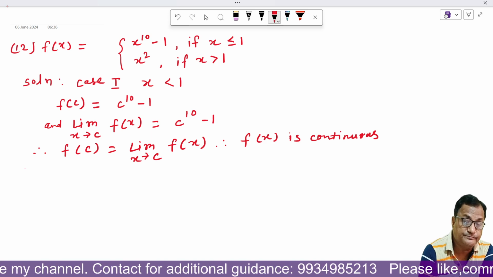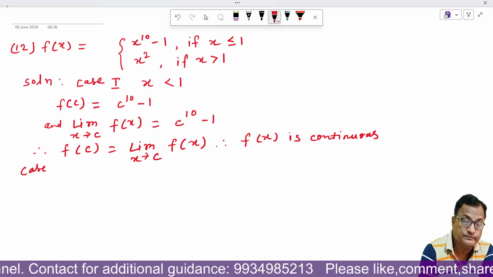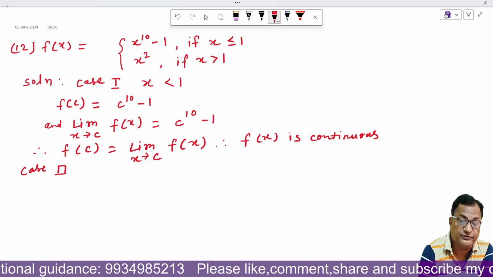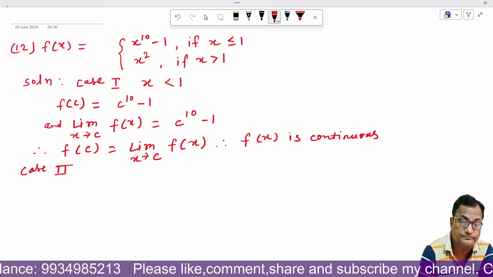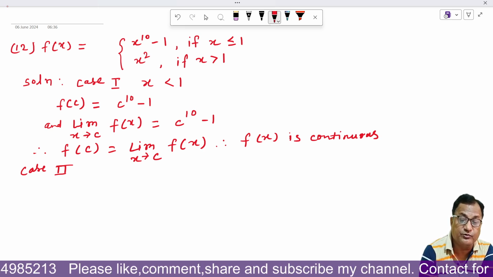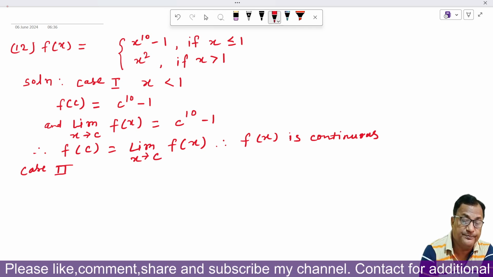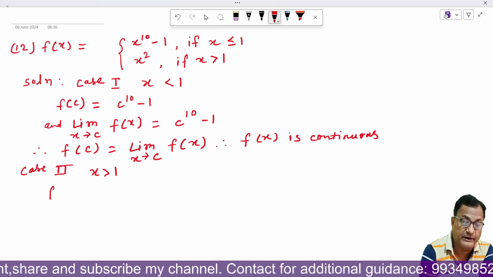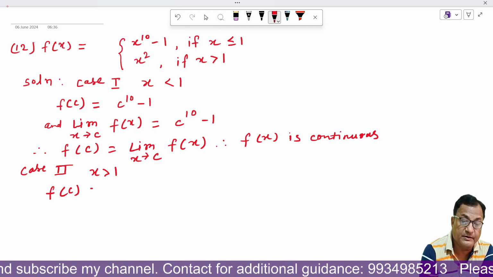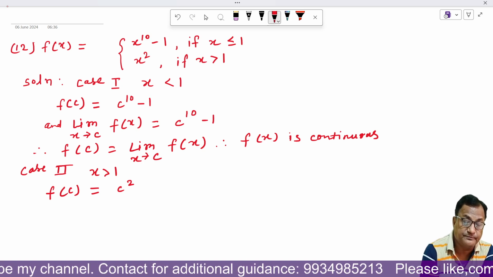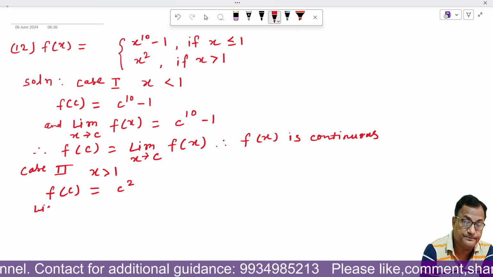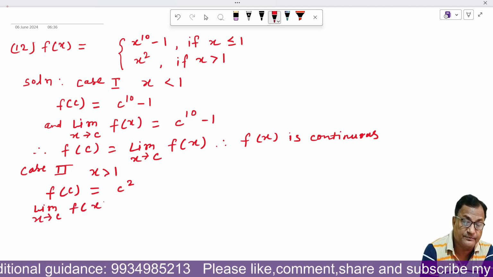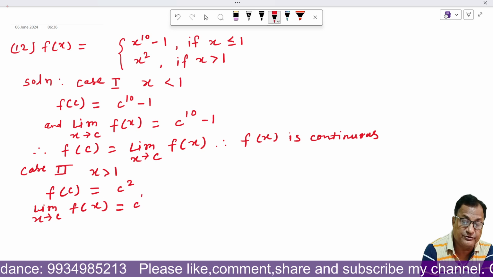Case 2. In case 2, if we take x greater than 1, in this case also f(c) is equal to c square, and limit x tends to c of f(x) is equal to c square.